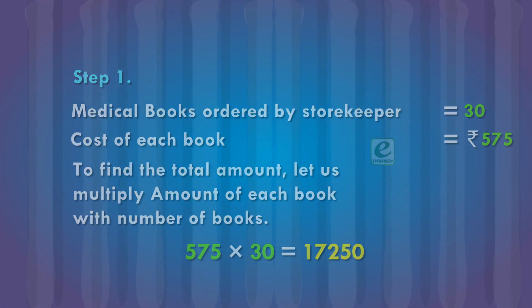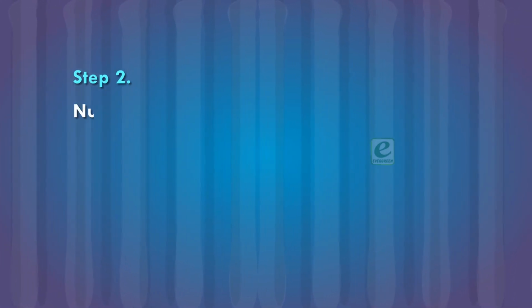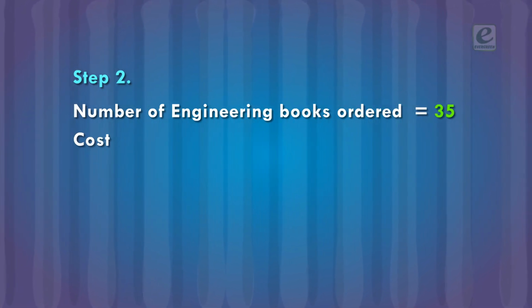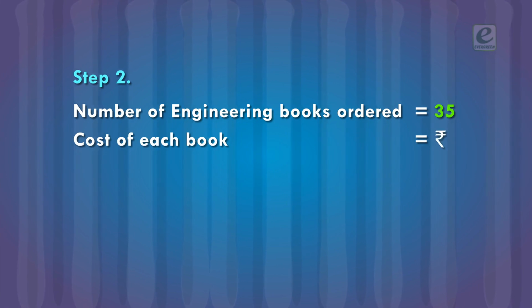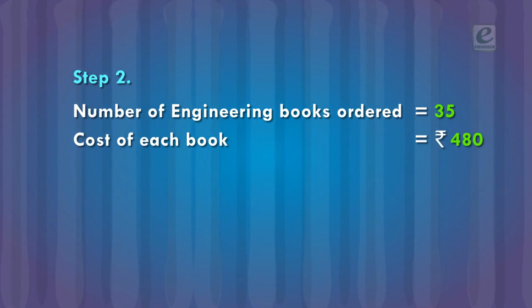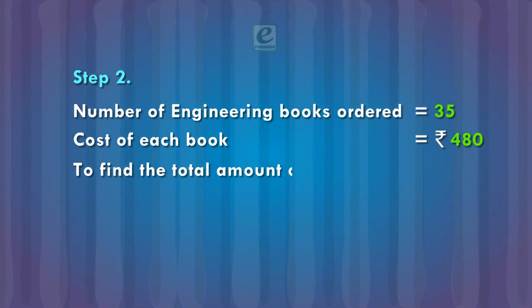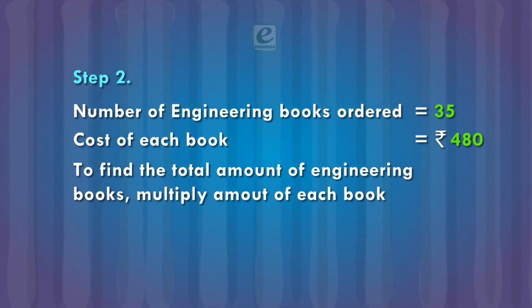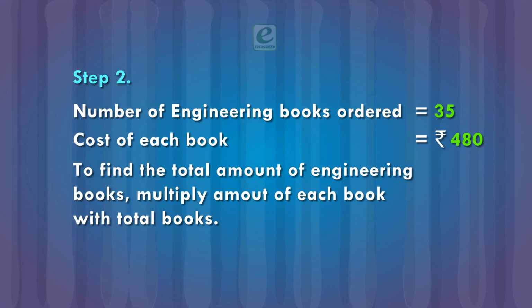17250. In step 2, number of engineering books ordered are 35. Cost of each book is rupees 480. To find total amount of engineering books, multiply amount of each book with total books.